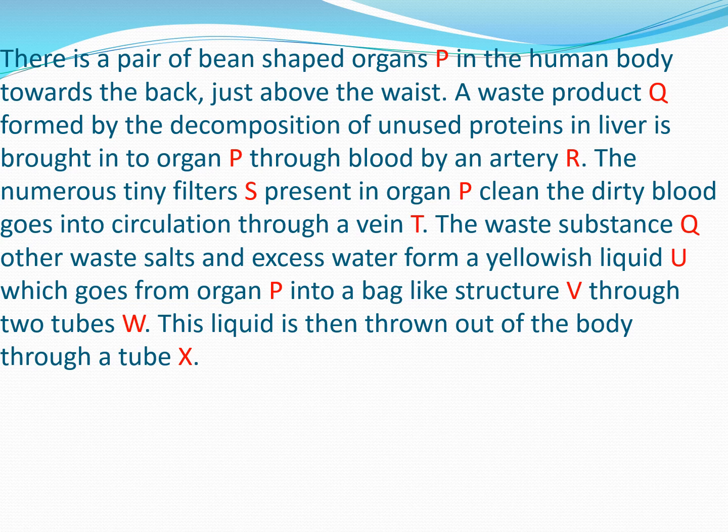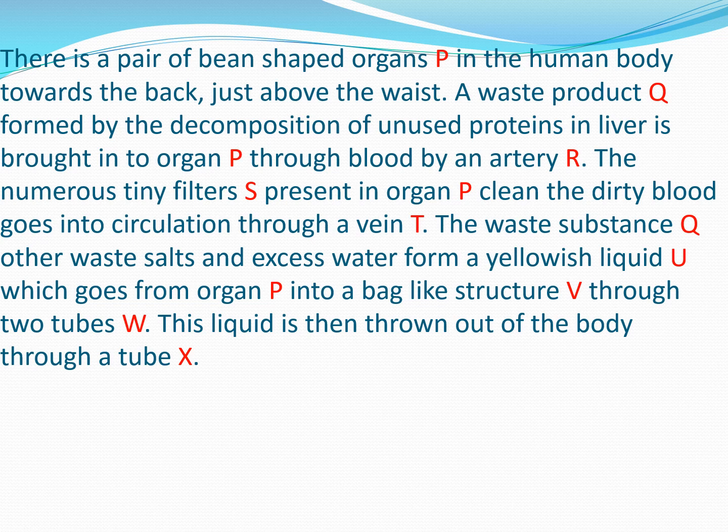Full stop. The waste substance Q, that is bile pigments, other waste salts and excess water form a yellowish liquid U. So definitely yellowish liquid is urine. Okay, U is urine, which goes from organ P, kidney, into a bag-like structure V. Bag-like structure which stores urine is urinary bladder.